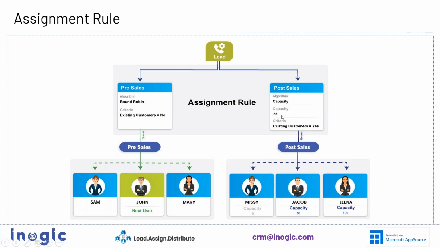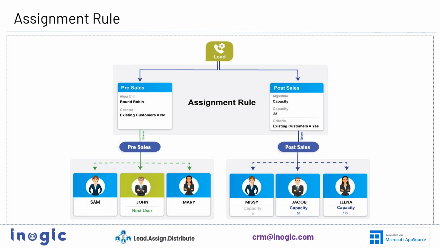Here you will see a subtle difference, a very, very small difference. The difference is of the capacity. This means that for any lead that is falling in the post-sales queue, the available capacity of the resource will be taken into consideration before assigning the record.